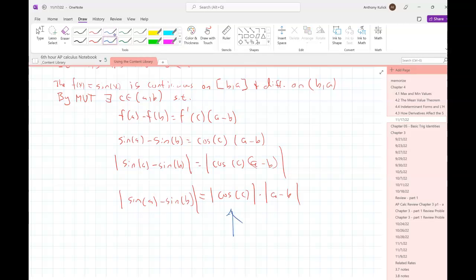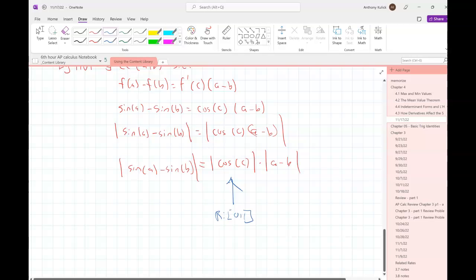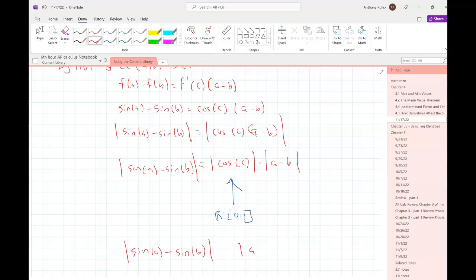Now, what can I say about the value of a cosine? What's the range for cosine? Negative 1 to positive 1. But this is the absolute value of cosine, so the range here is 0 to 1. So if I get rid of that, what can I say? I was multiplying by a number that was less than 1. If I get rid of that, which side is now bigger?